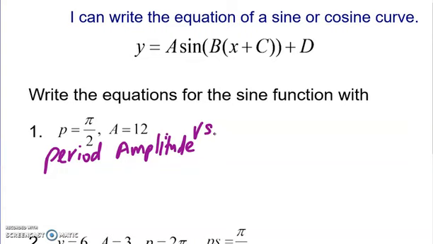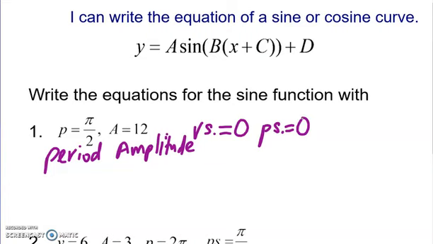There's no vertical shift here, so we're going to put down 0 for that. And then the fourth one that we're missing is a phase shift. The phase shift is a movement to the right or to the left for the graph. In this case, we're not given any kind of phase shift, so the assumption is that it is 0.